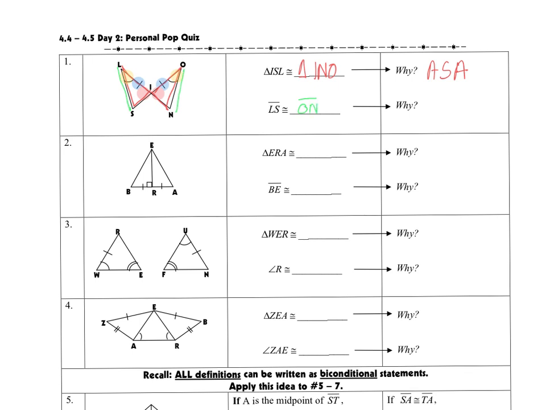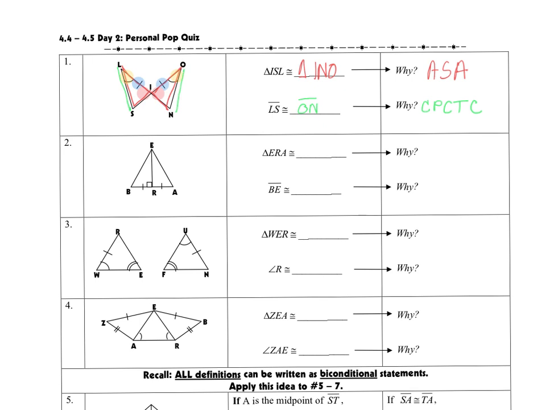And our reason for that is corresponding parts of congruent triangles are congruent. And so we can abbreviate that CPCTC.